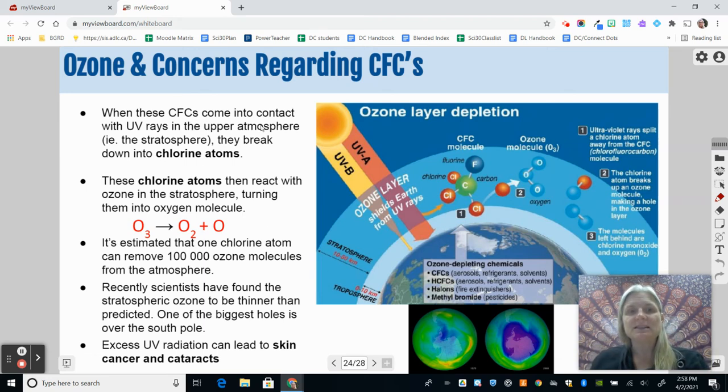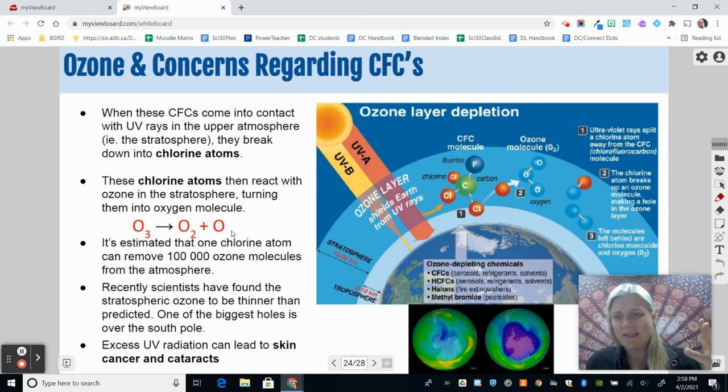So when these CFCs come into contact with UV light or rays, they break up, and the chlorine atoms are what are causing the problem. They go and react with the ozone, this O3, and they break that ozone into just regular oxygen and an oxygen atom. And then they keep doing it.